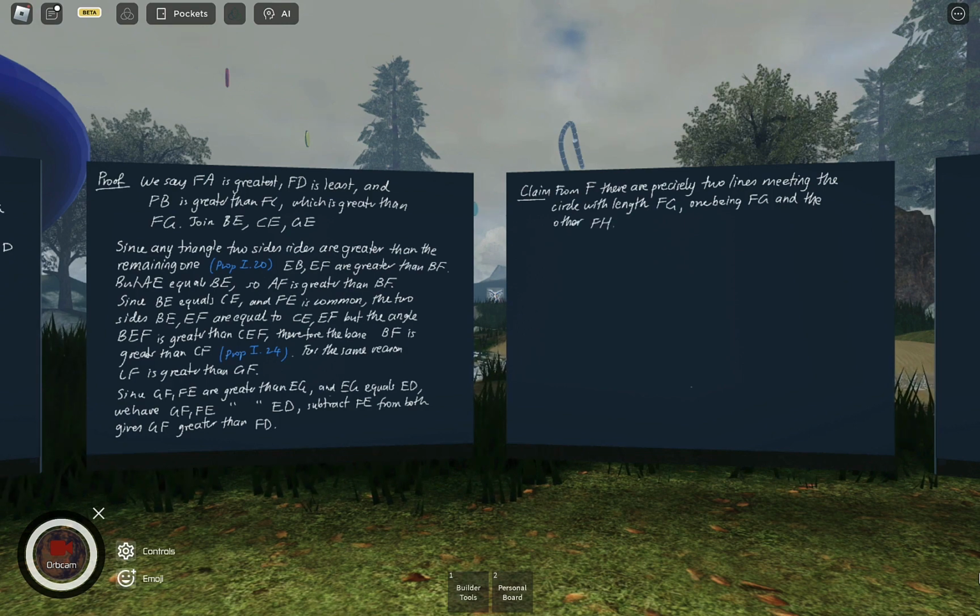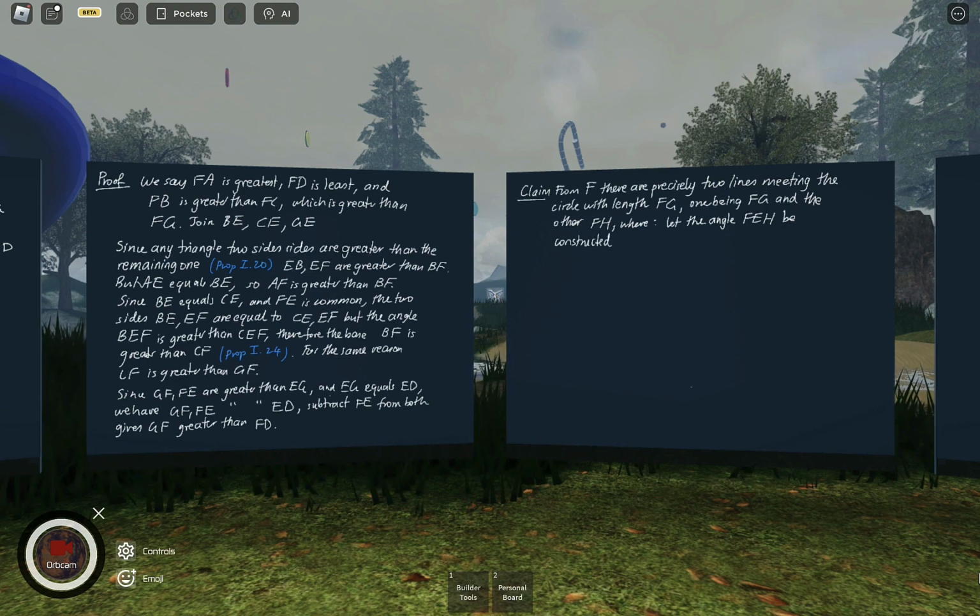So I need to construct H. Okay, so here's the construction. So let the angle FEH be constructed. Remember, we have a proposition that allows us, given any rectilineal angle on a line, to construct on that line a copy of that angle. So that's what we're doing.